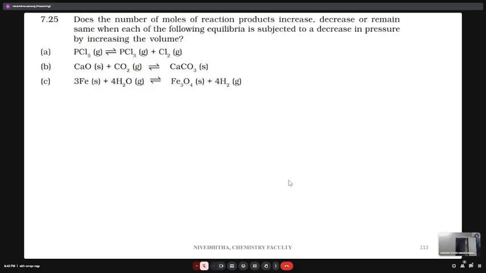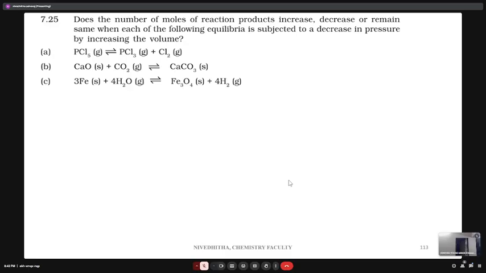Here is the question. Does the number of moles of reaction products increase, decrease, or remain the same when each of the following equilibria is subjected to a decrease in pressure by increase in volume? So what are they doing?